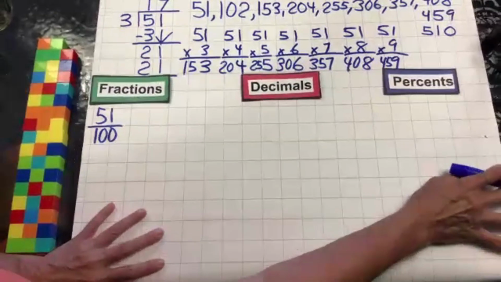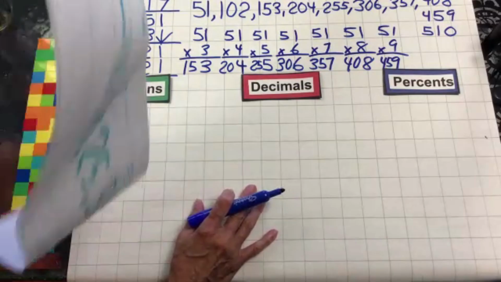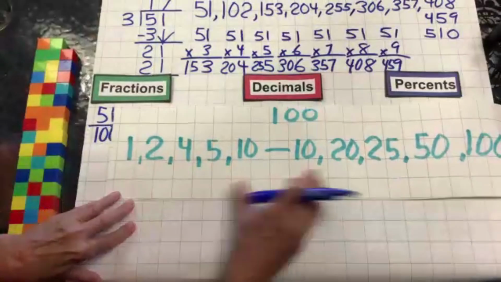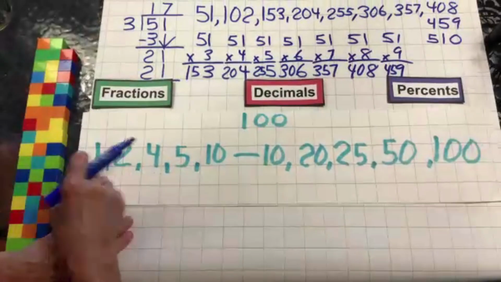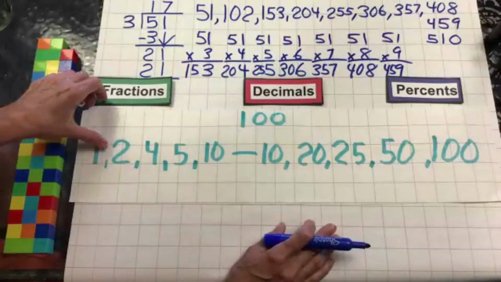So we're not going to divide this by 1 because it would be itself. So hopefully you have your factors of 100, and I'm just going to lay them out here real quick so we can see that none of these factors of 100 are also factors of 51. So none of these would fit.